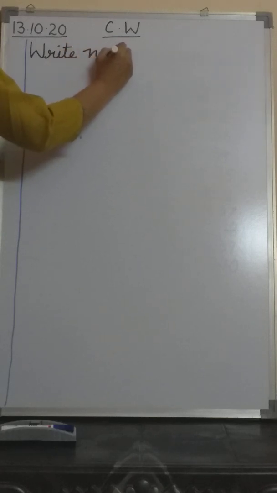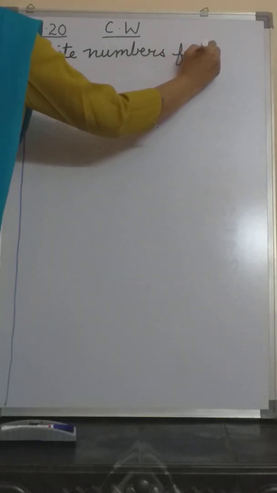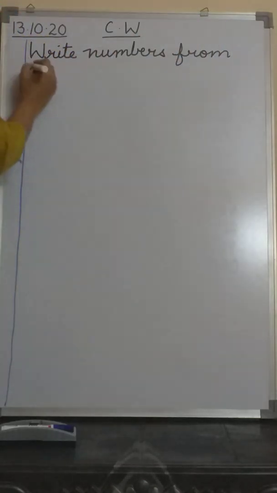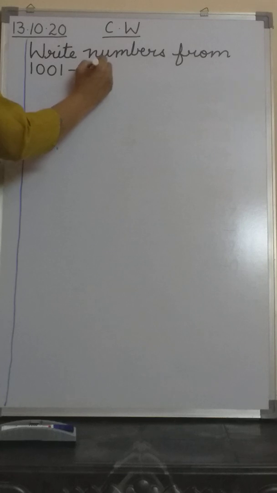After writing second unit test, in the next page you will write numbers from 1001 to 1100.